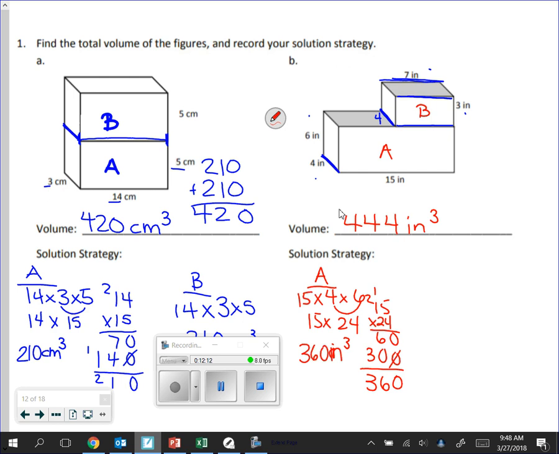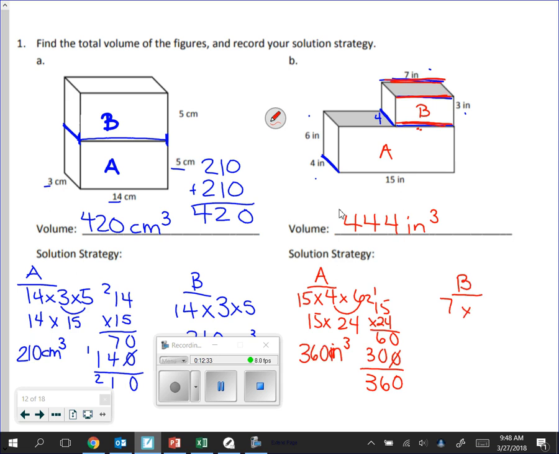So, shape B, you had to work for it a little bit because it gave you the length. Because if this is 7, this is 7, so this is 7. It's not always going to be written right here. So the length is 7.